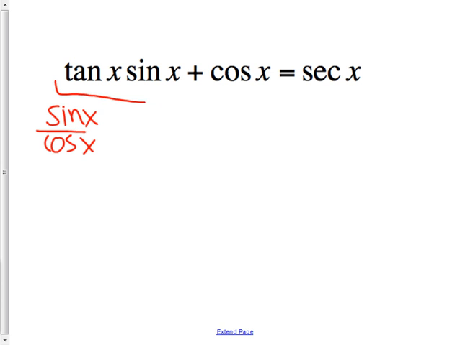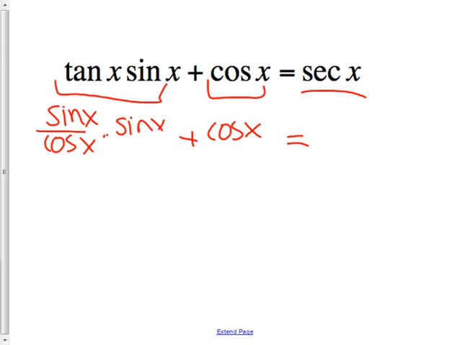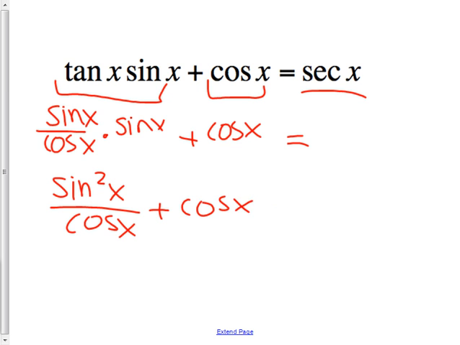I have 2 terms, but I'm trying to get it down to 1. So I have sine x over cosine x times sine x plus cosine x, making sure to put my equals. So I can multiply these. I don't need a common denominator because they're being multiplied. So I get sine squared of x over cosine x plus cosine x.